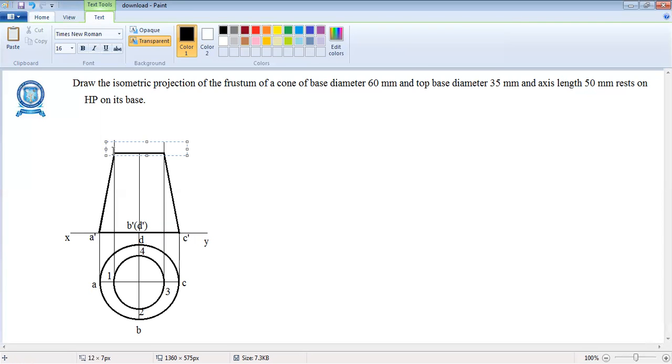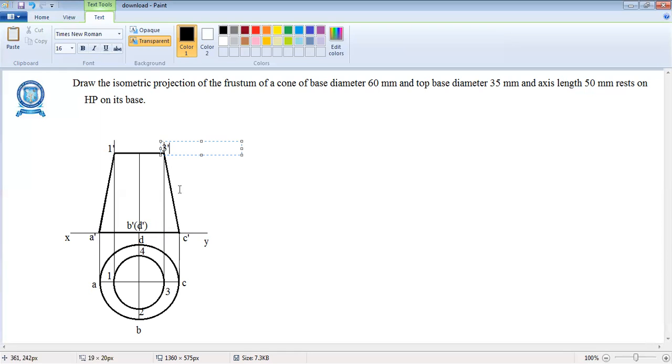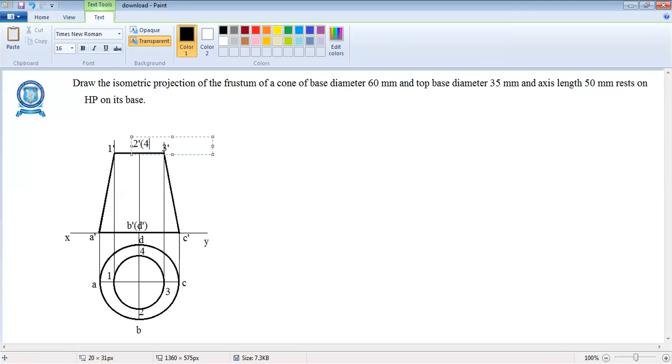And this one is 1 dash. This one is 3 dash. This one is 2 dash, in bracket 4 dash.